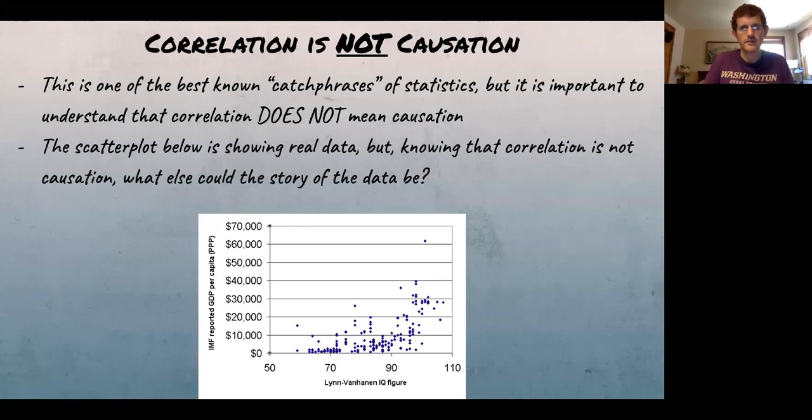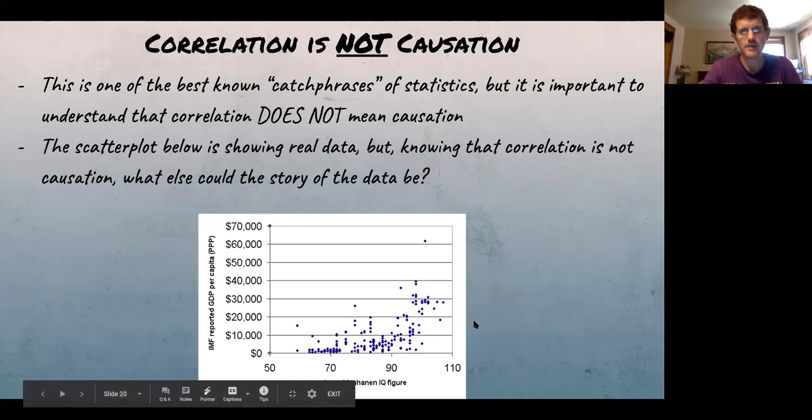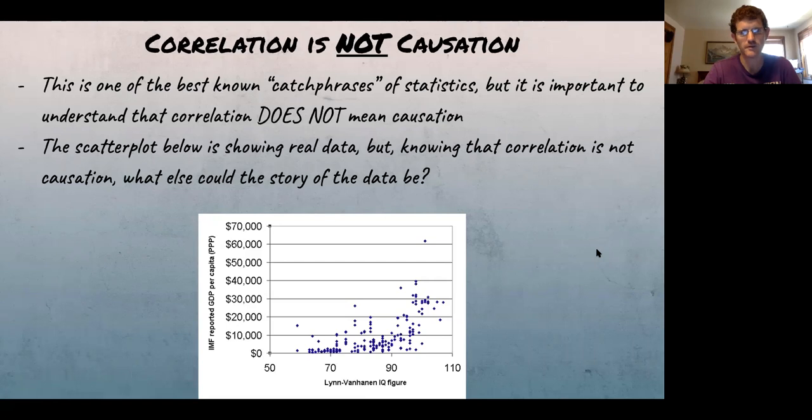Obviously, that means this causes this other thing, but that's not true. So again, going back to this example from the beginning of class, national IQ is correlated with GDP per capita. And with real world data, this is about the best kind of correlation you might find. There's nothing super strong, generally speaking.